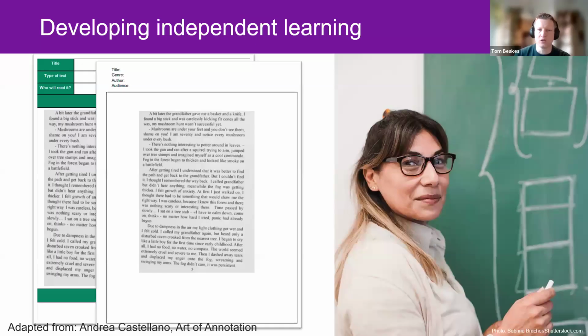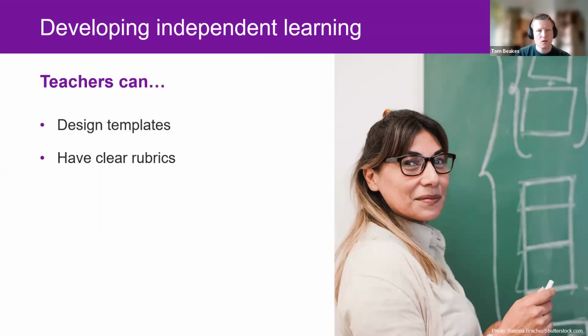And of course, not all texts are just a page. This isn't going to work in every context, but the idea is that if you want students to annotate, we need to give them the physical ability to do that.